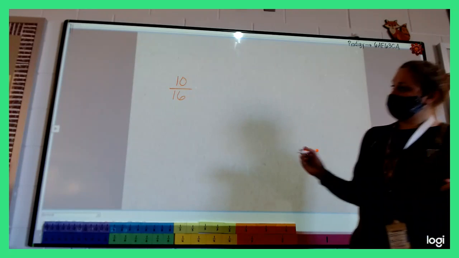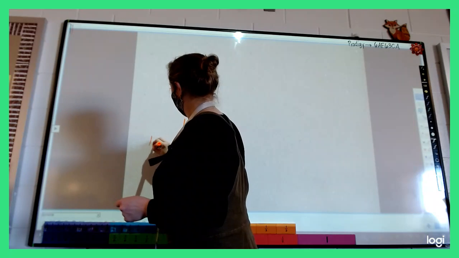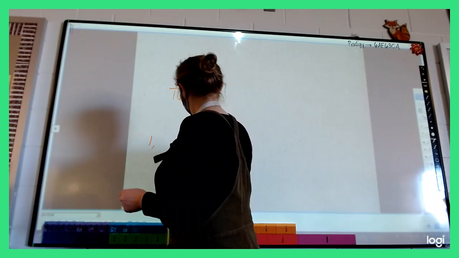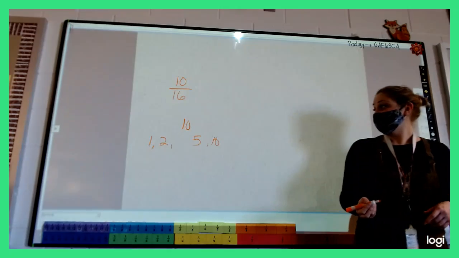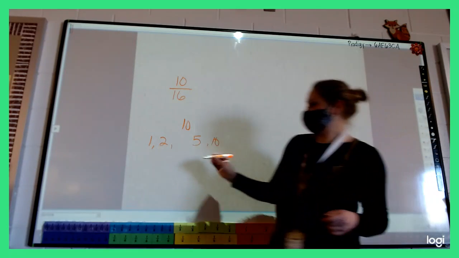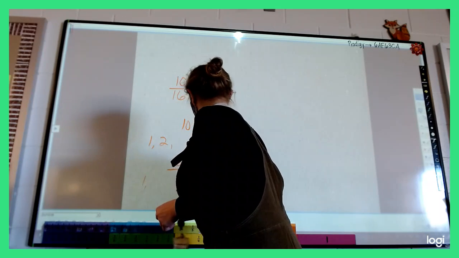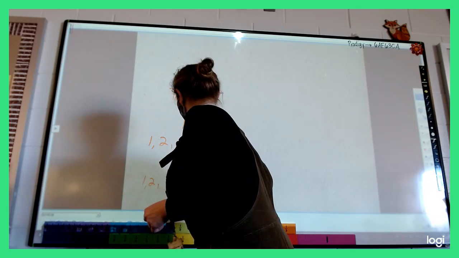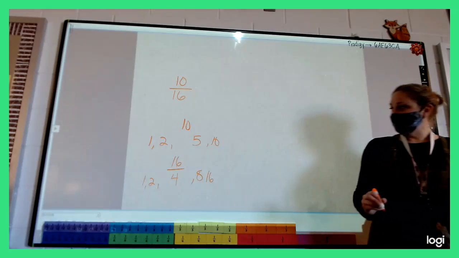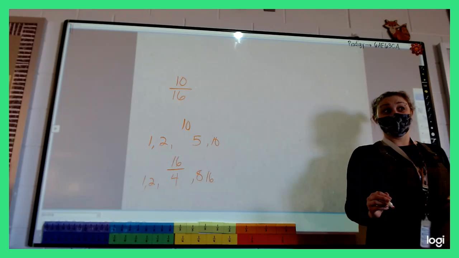I'm thinking through. It might help for this example. I'll show you my factors of 10. I've got 1 and 10, 2 and 5, and that's it, right? Okay, let's do 16. For 16, I can do 1, 16, 2, 8, and 4. So what is my only common factor?